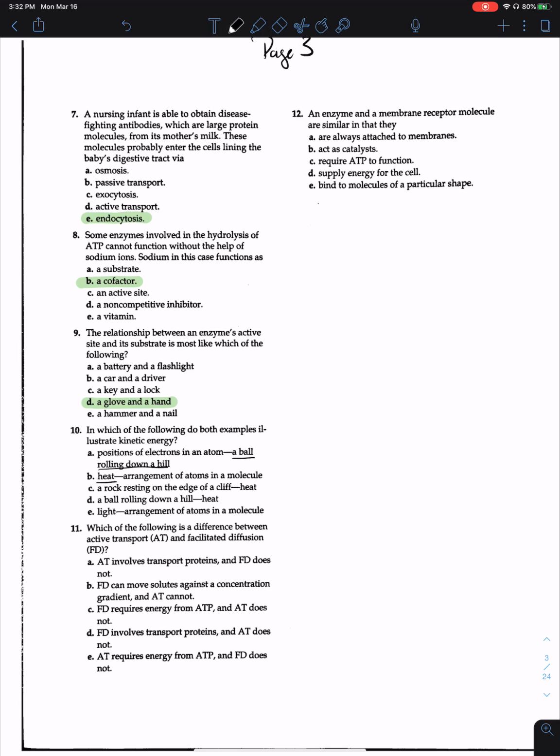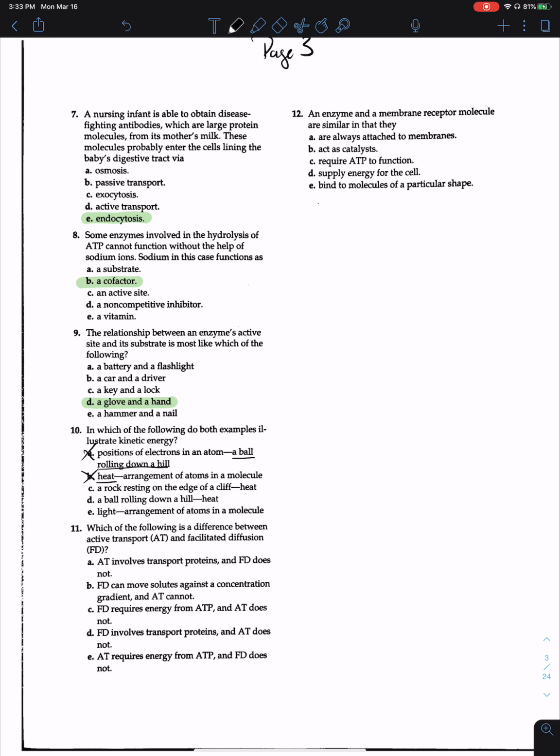Heat is also an example of kinetic energy. Positions of electrons in an atom is not. Rather, that's called potential energy. So it could potentially be useful for energy, but in this particular situation, it's not. So A's out. Same thing with B because it's referring to arrangement of atoms in a molecule. A rock resting on the edge of a cliff, which is for C, also is potential energy.